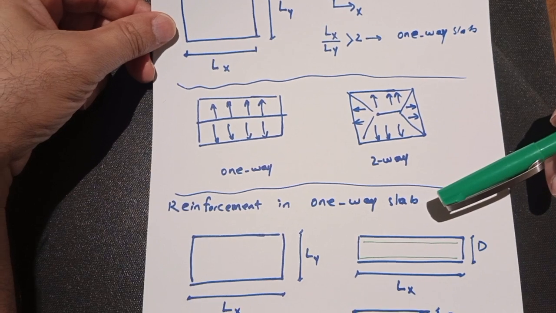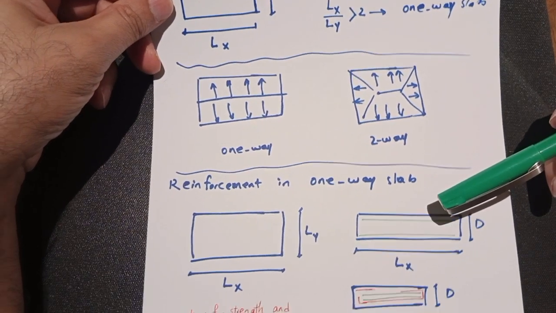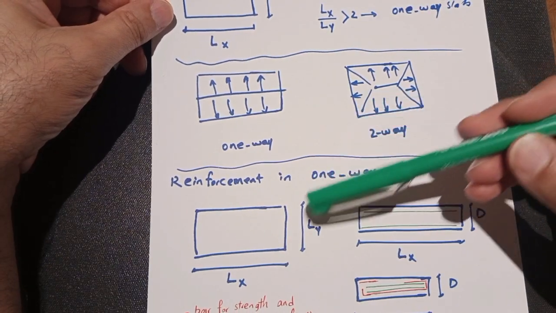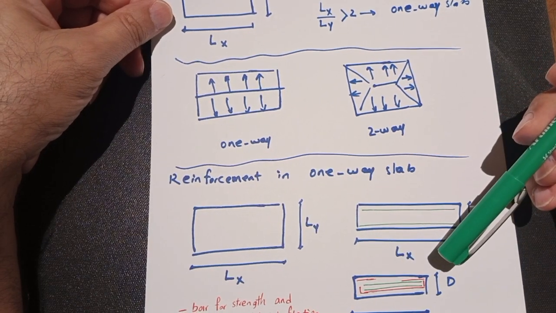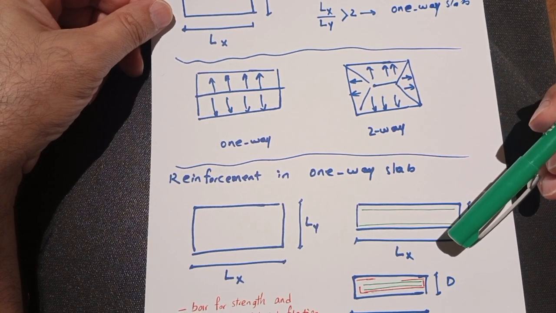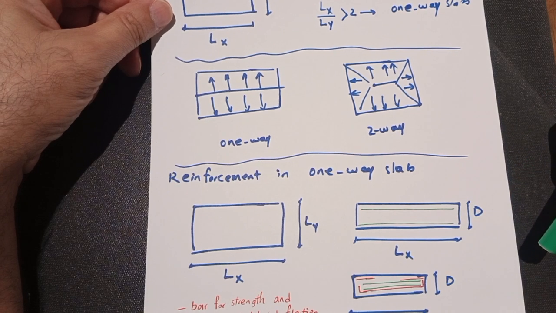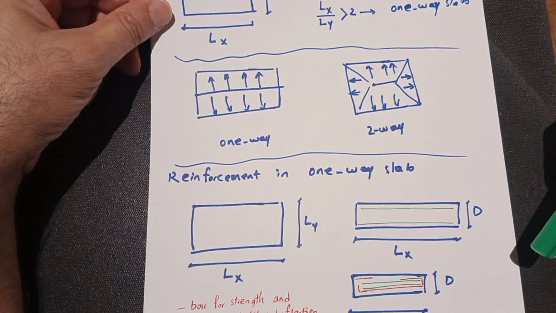So let's go for reinforcement in one-way slab. In one-way slab, we are going to have just the primary direction reinforced for strength and deflection control.